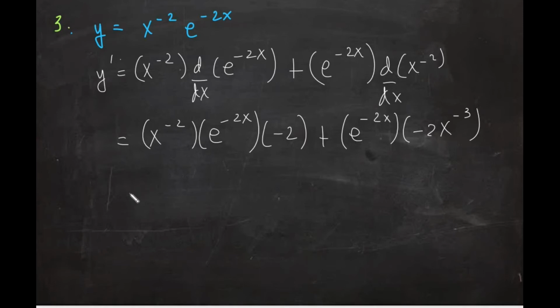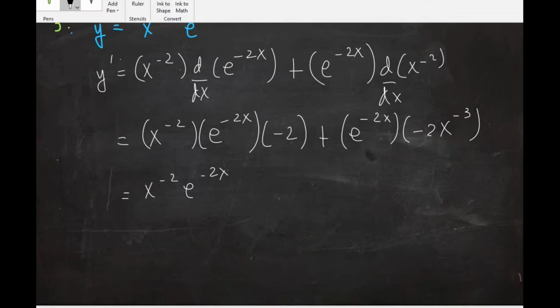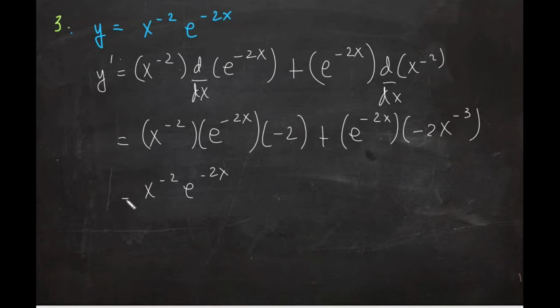Okay, so the next step is just to look for common factors. The common factors are x raised to negative 2, and we also have e raised to negative 2x. Negative 2 is also a common factor, by the way. So let me just erase this.